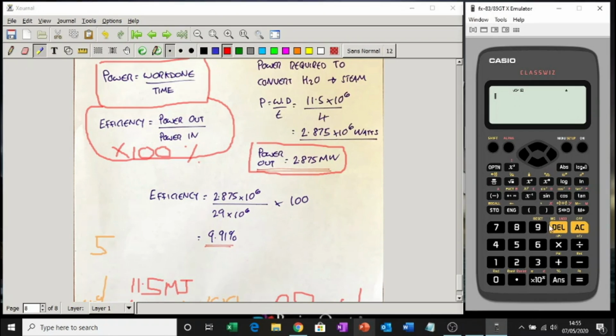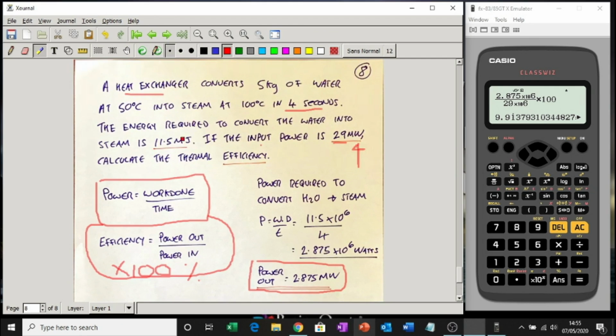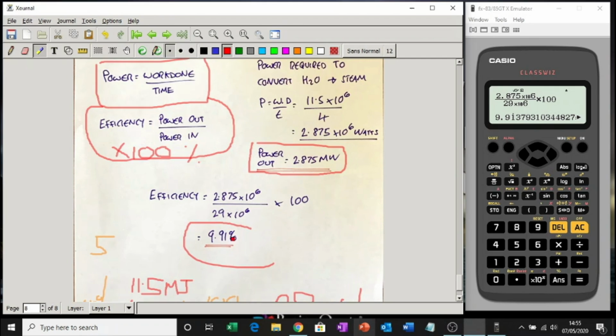So we can do it like this if you want to. 2.875, you can put the 6 in, but because they cancel out, but we'll do it anyway, over 29 to the 6. Times all of that by 100. 9.91% efficient. So this heat exchanger is 9.91% efficient.